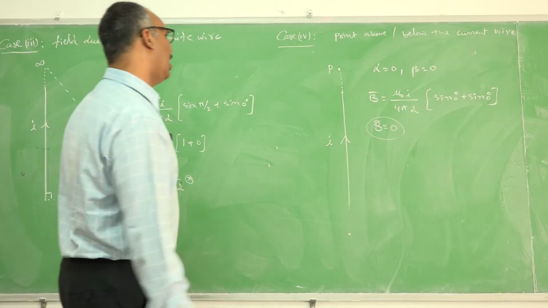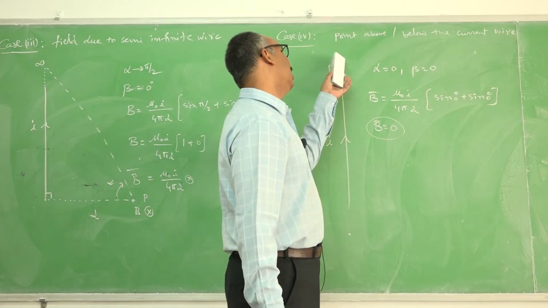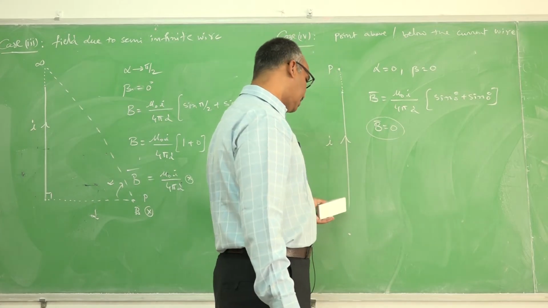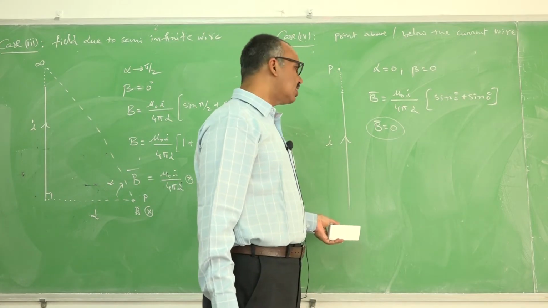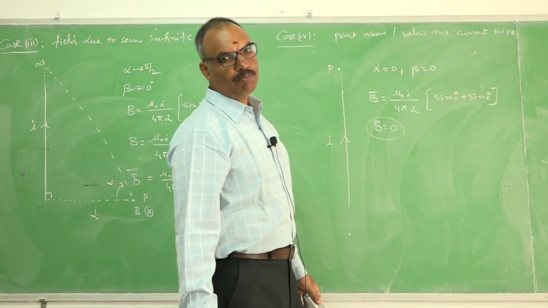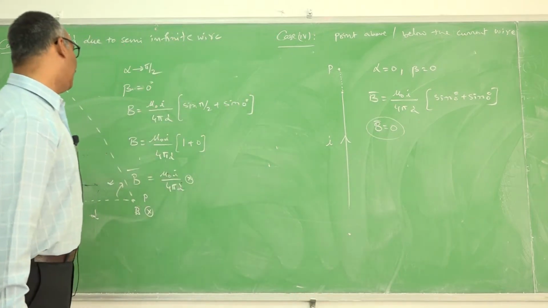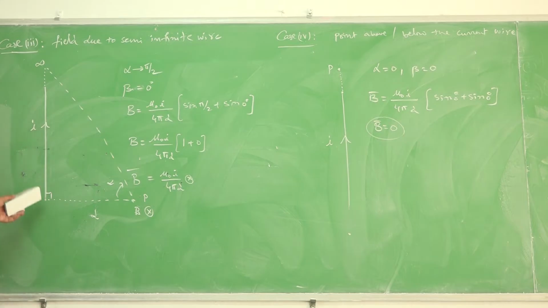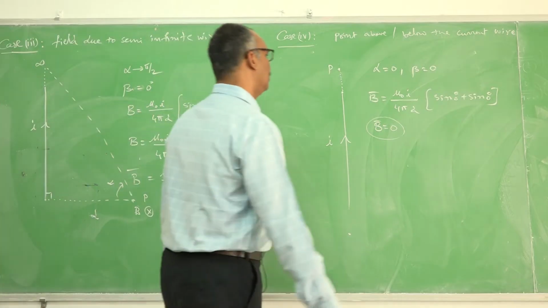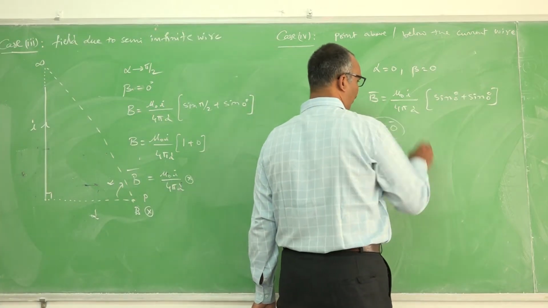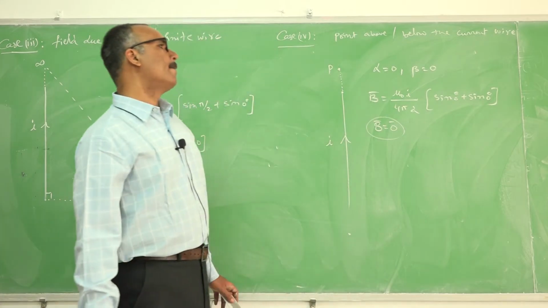If the point lies exactly above the conductor's tip or below the conductor's tip, the magnetic field at that point is 0. If the point is lying just beside the edge of a conductor, the magnetic field is given by mu naught I by 4 pi d. Since it's a vector, you should write the 0 vector. Magnetic field is 0 bar.